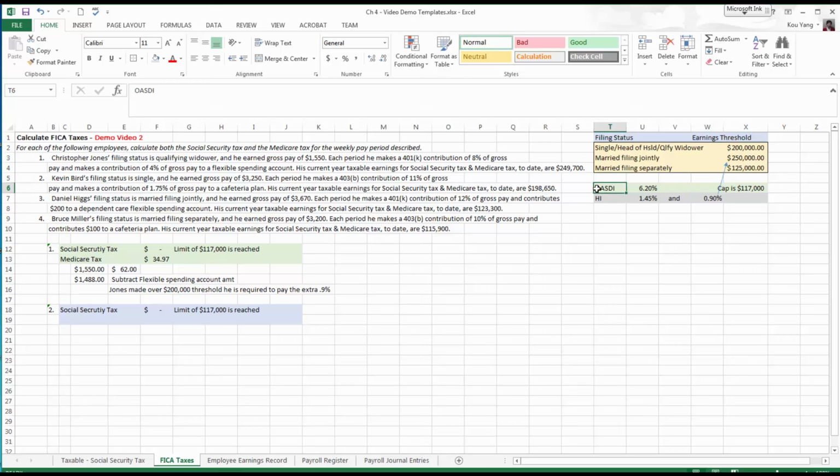Our cap on OASDI or Social Security tax is only $117. For Medicare tax, okay, so he makes $32.50.